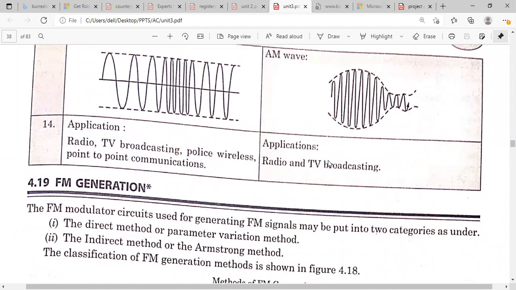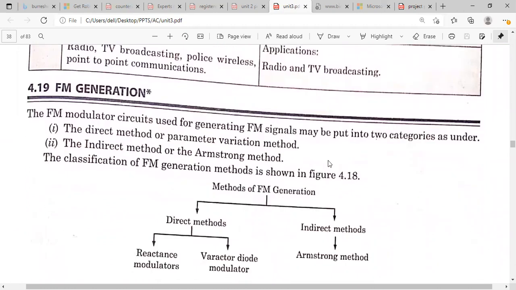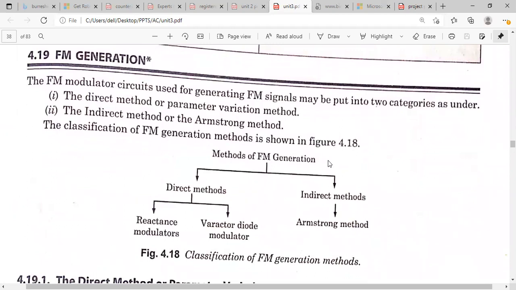Okay. So in previous classes, we discussed the types of FM, narrowband FM and wideband FM, and what circuitry we need to generate narrowband FM and wideband FM. In the next class, I'm going to explain the generation methods of FM. Just as we discussed generation methods and detection methods for AM, here also we have generation methods to generate the frequency modulated wave.